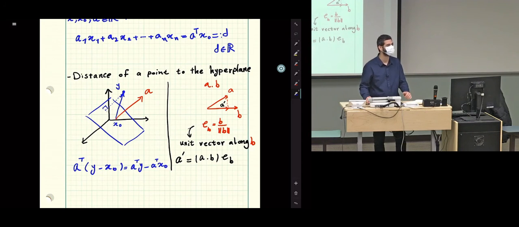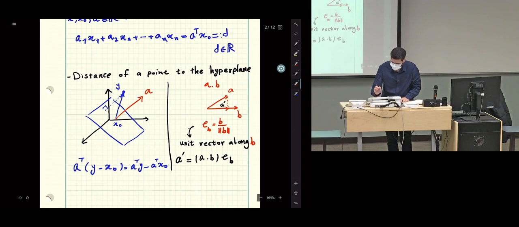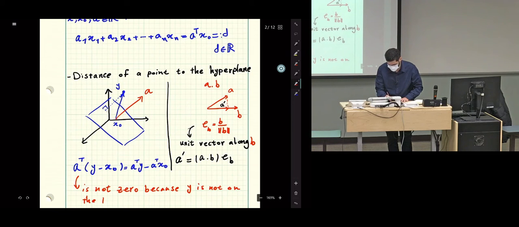Check the chat. So why is that what I wrote is not going to be 0? Exactly. That's very important. That is not 0 because y is not on the plane.